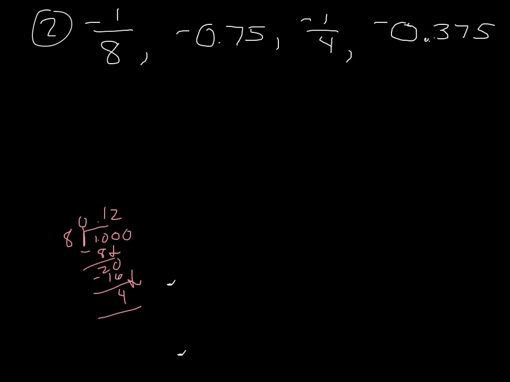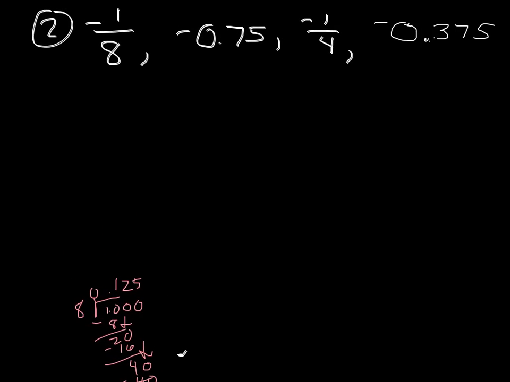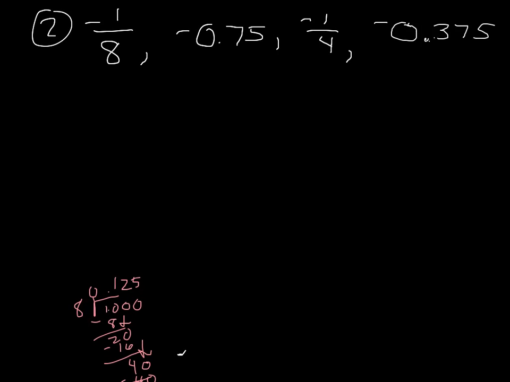Bring down my 0 again, 40. 8 goes into 40 5 times, minus 40, I'm left with 0. Okay, so now I can move this back down. Hopefully I can figure out how to get them exactly lined up. There we go. Okay, so 1/8 converted would be -0 and 125/1000ths.